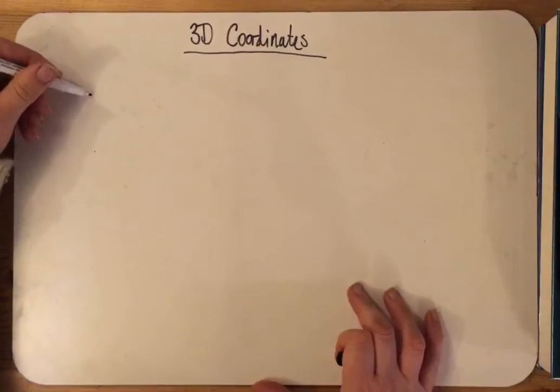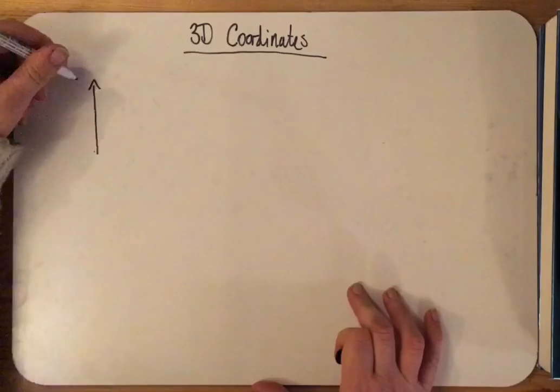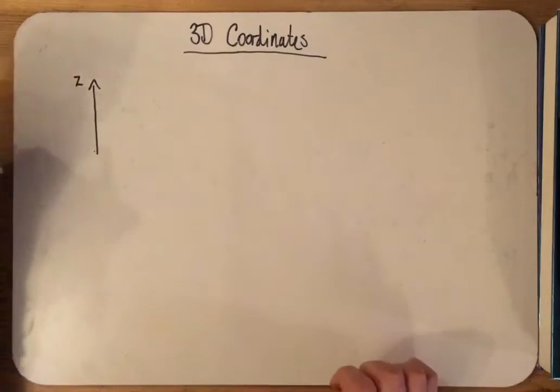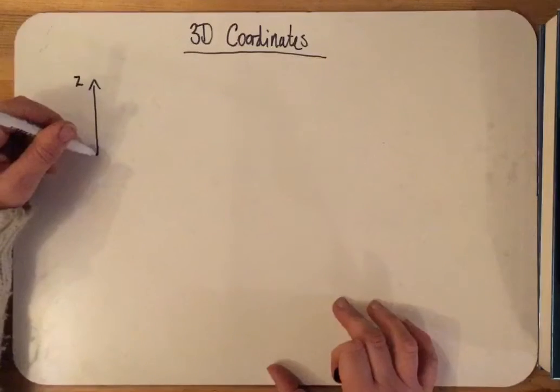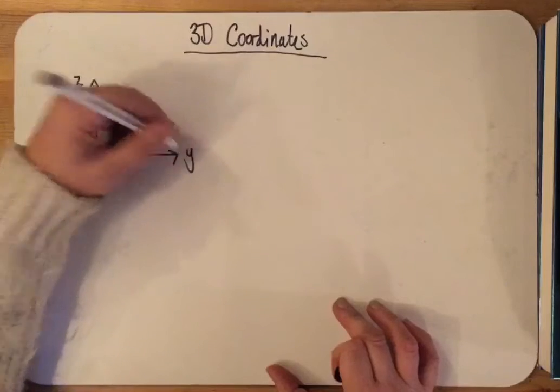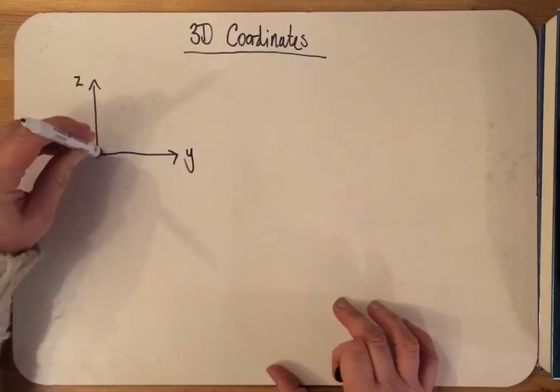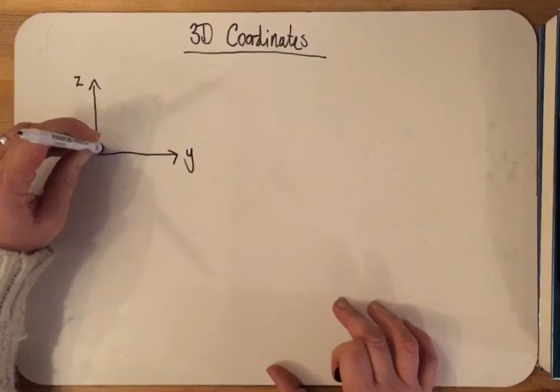The way these work is your Z axis goes vertically upwards. Your Y axis goes over to the right. And then obviously I can't draw this, but the X axis would be coming out of the board in this direction.